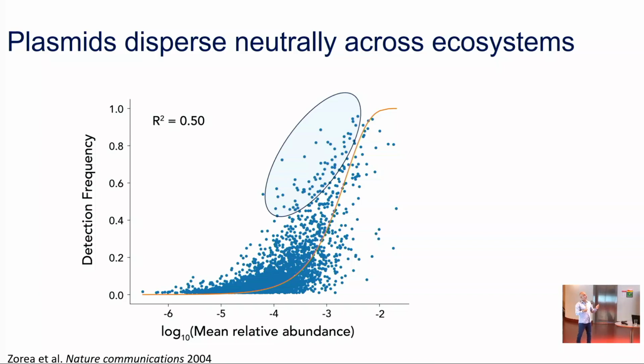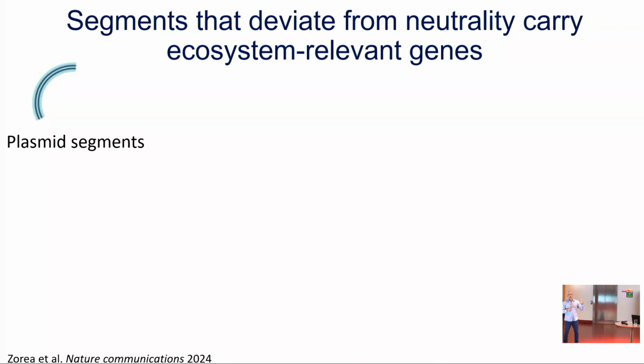And of course, we wanted to continue looking at the ones that are selected, but as you all probably think, also from the way that I explained, these plasmids reside within host cells, meaning that they are subjected to the way their hosts actually disperse. So in order to cope with this, what we did is we ignored whole plasmids, and we started looking only at plasmid segments that might carry genes and the way they shuffle.